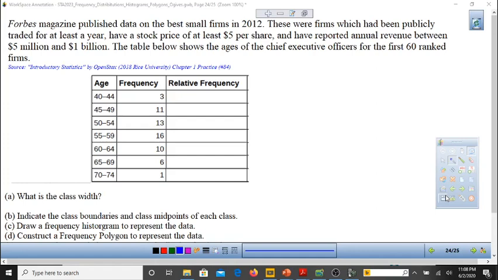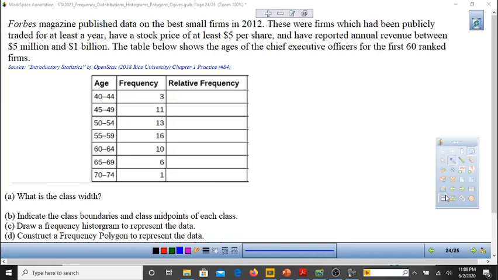So this question is from the OpenStax textbook, Introductory Statistics, which you can find at the openstax.org website or on the OpenStax app. It's on Chapter 1 Practice, question number 84. It says Forbes magazine published data on the best small firms in 2012.